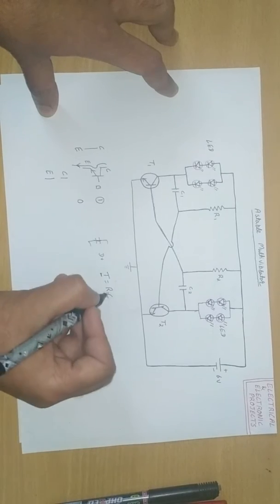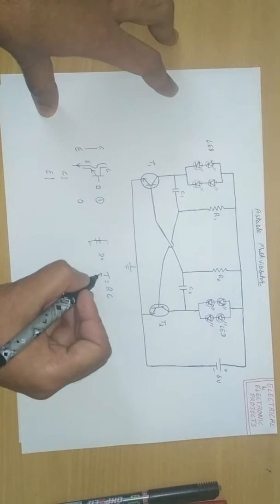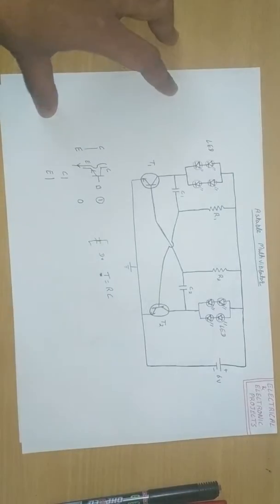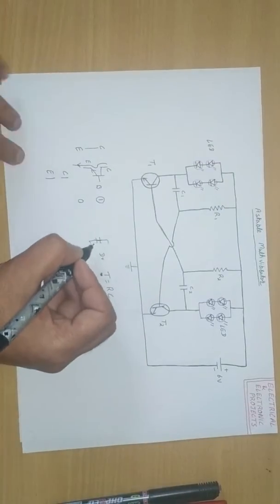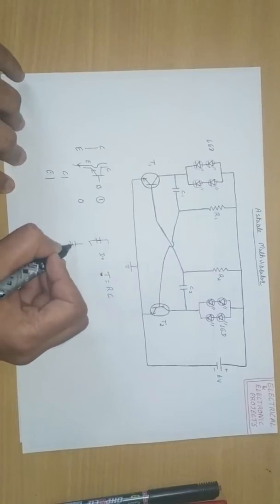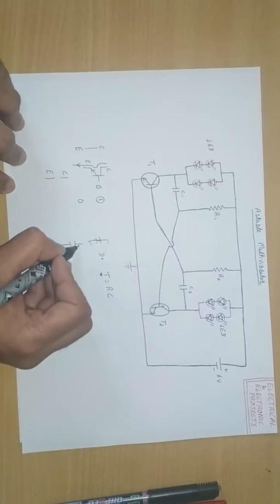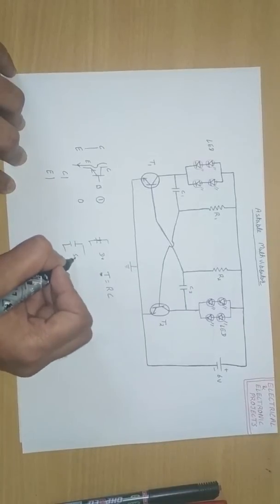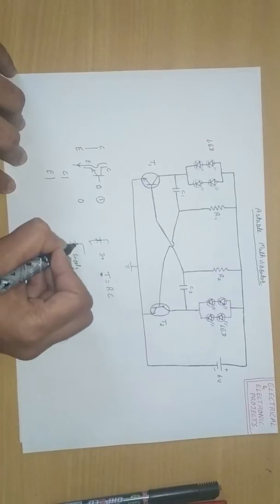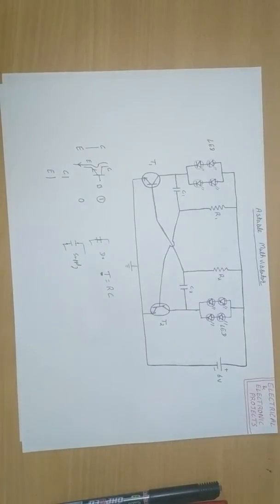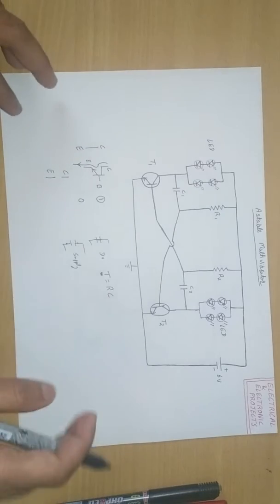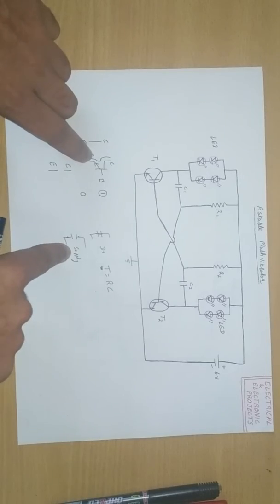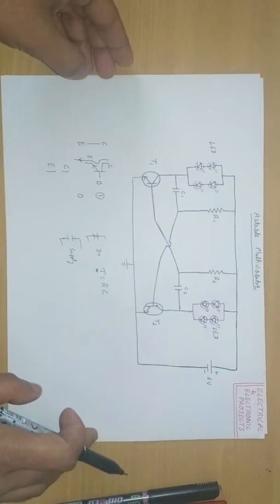The time depends on RC, which is also known as the time constant. After the time constant, the capacitor is fully charged and it acts as an open circuit, and the voltage across it is high, equal to the supply voltage. Basically, these two fundamentals work in this circuit.